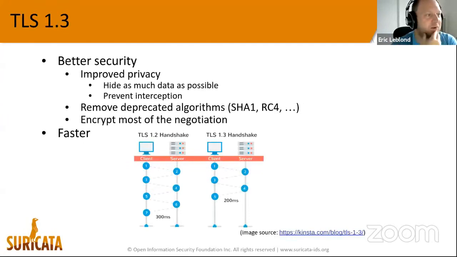I'm not a WireGuard developer or an OpenSSL or TLS guru, so I will keep it short on TLS 1.3. From a Suricata standpoint, it's just a nightmare because they improved privacy a lot and tried to prevent interception. The main effect we see is that almost all the handshake is now encrypted.